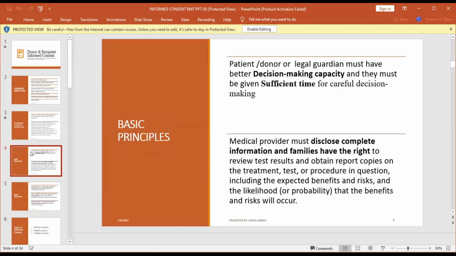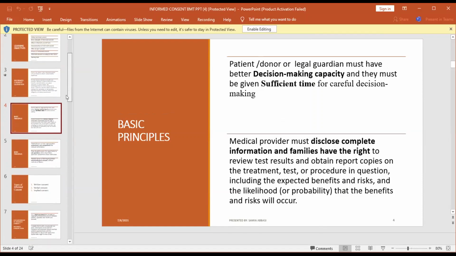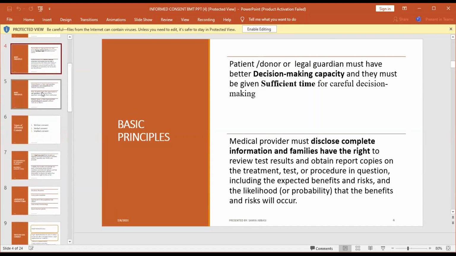So the next point of informed consent is principles. There are a few basic principles which we need to remember. The first principle of informed consent: patient and donor or their legal guardian must have decision-making capacity, and they must be given sufficient time for careful decision-making.